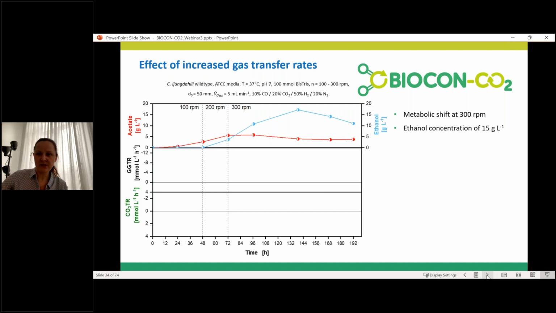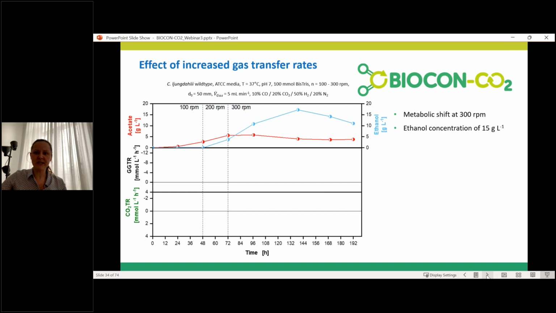Looking at the ethanol concentration, at 100 RPM we nearly see no ethanol produced by the organisms. At 200 RPM, the ethanol production increases, and it increases further with the increased shaking frequency to 300 RPM, ending at a final maximum ethanol concentration of around 15 grams per liter.